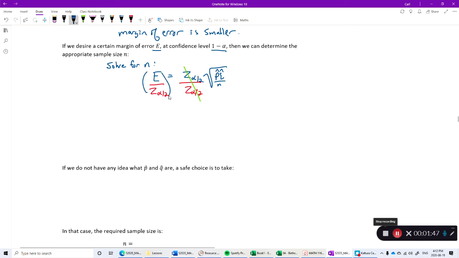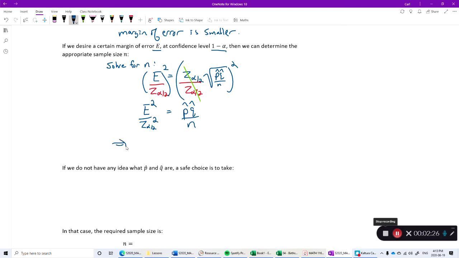I'm going to get E over z alpha over 2, squared, is, if I square this, then the square root is gone, divided by n. Now, I actually do want to make this bracket go away, so I'm going to put this squared here, and this is squared down there. Good. How do I solve for n?